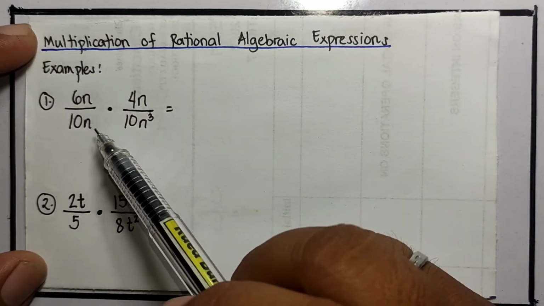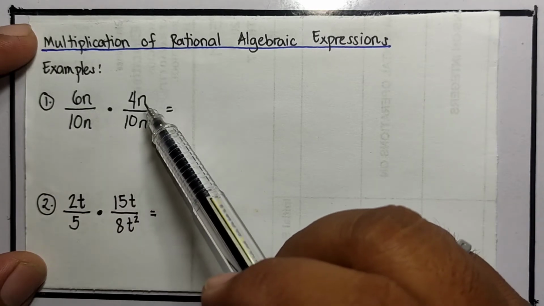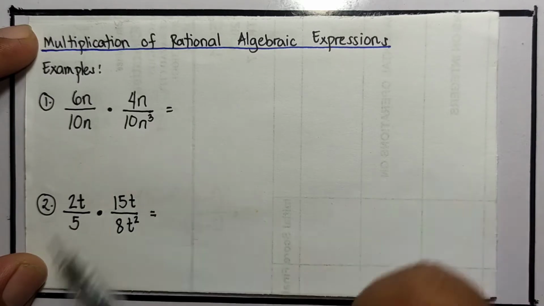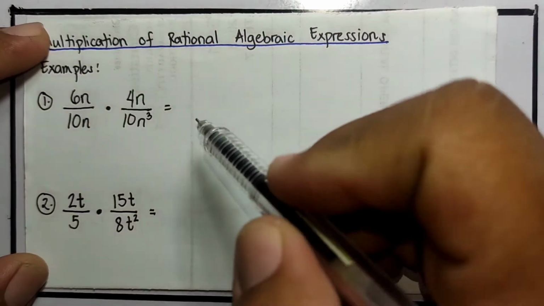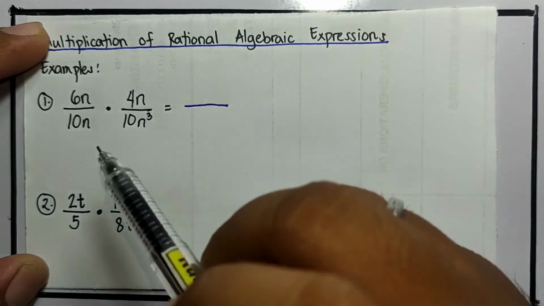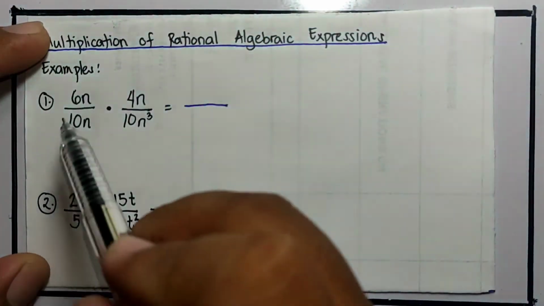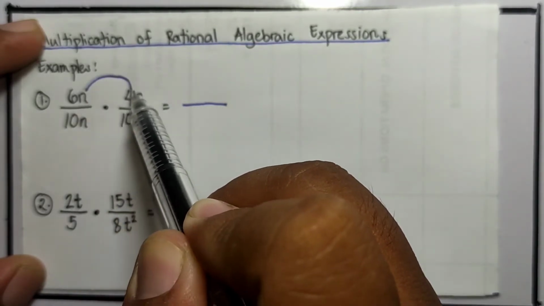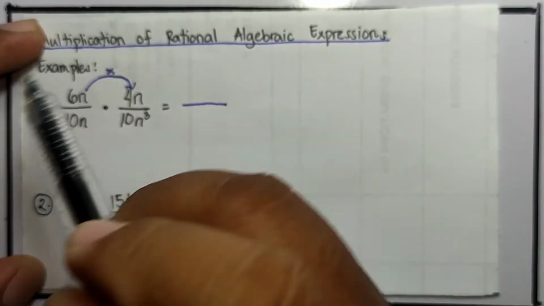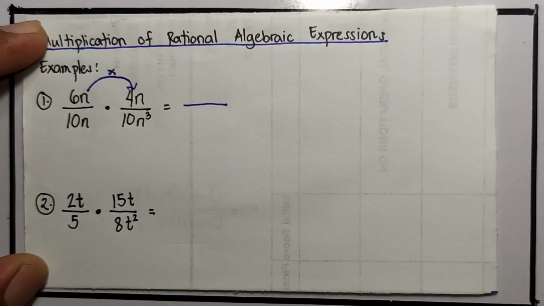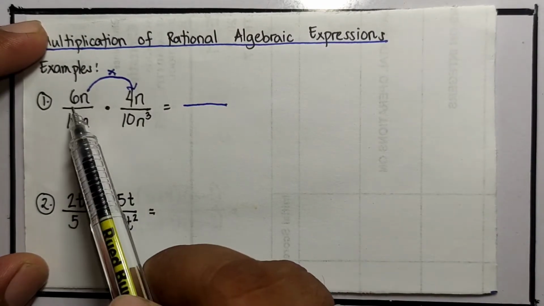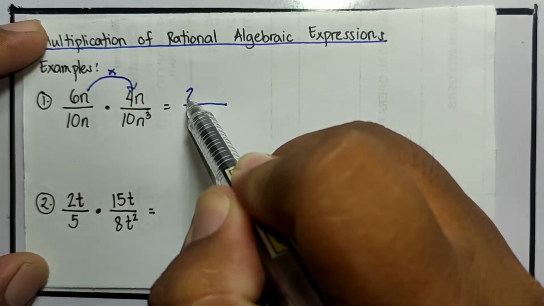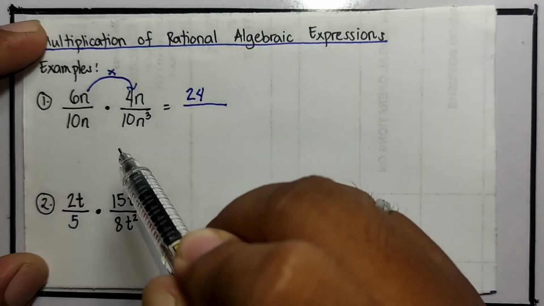6n over 10n times 4n over 10n cubed. We will multiply this one. First, multiply. 6 times 4, 24.